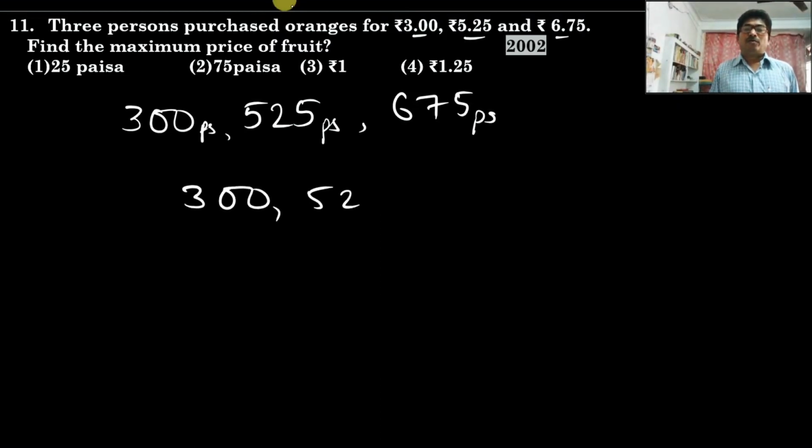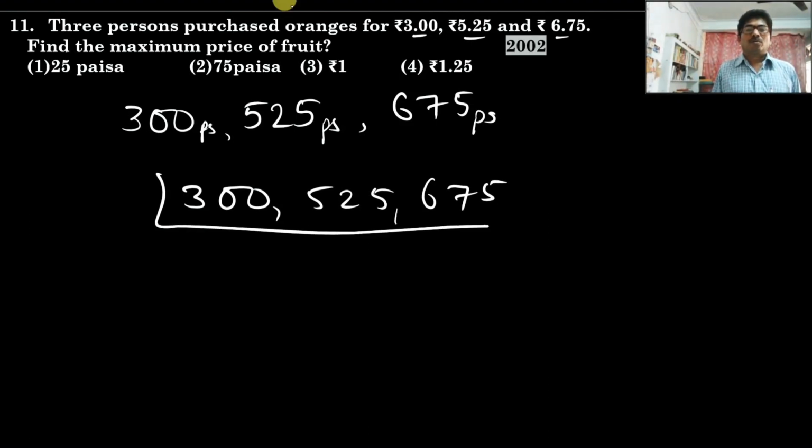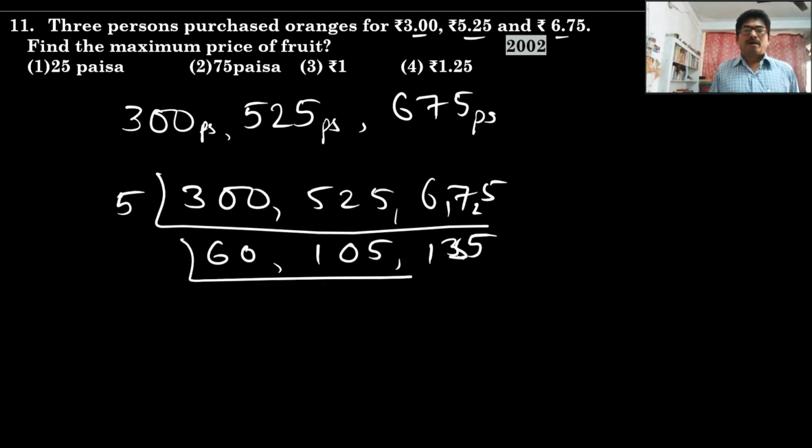300, 525, 675. Divide by 5, since these have 0 or 5 in the units place, these are exactly divisible by 5.